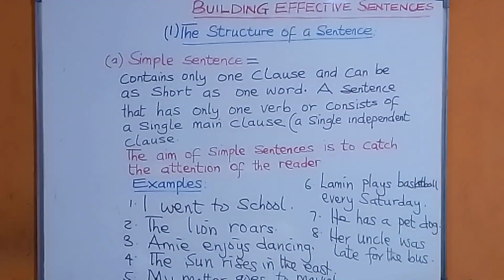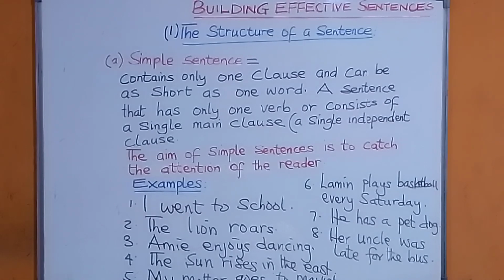That's a simple sentence. The choir sang beautifully. That's a simple sentence. The baby slept peacefully. That's a simple sentence. And you can make so many simple sentences. Fatimata went to the shop. That's a simple sentence.